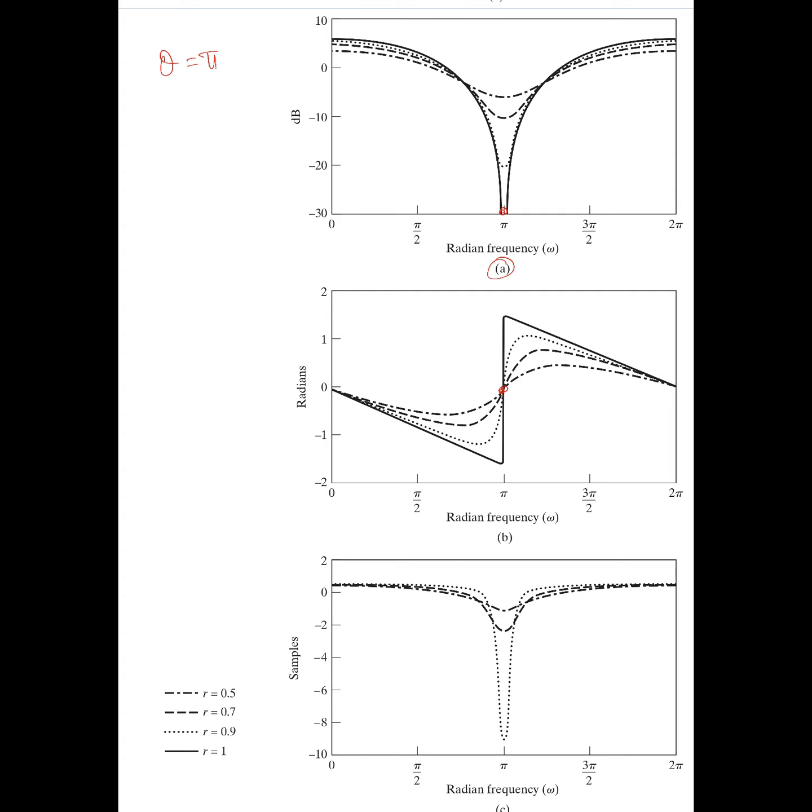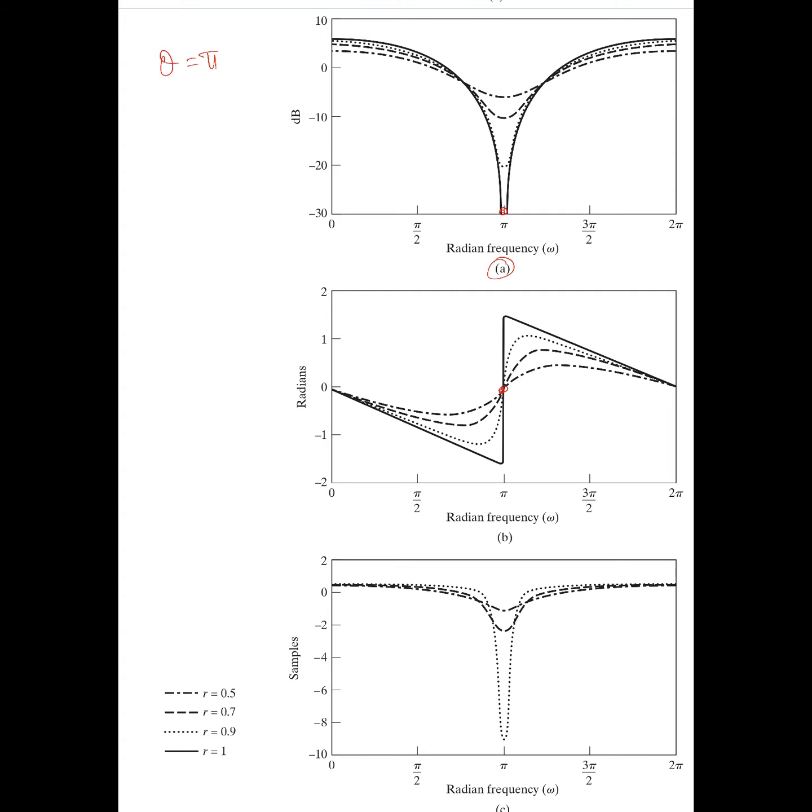And away from omega equal to theta, the slope of the phase function is of course negative. Now talking about the group delay, which is plotted in figure C, the group delay is the negative of the slope of the phase curve. So the group delay is negative around omega equal to theta, and it dips sharply as r approaches 1, becoming an impulse. That's why we have not plotted the group delay for r equal to 1, because it is like an impulse function when r is equal to 1.